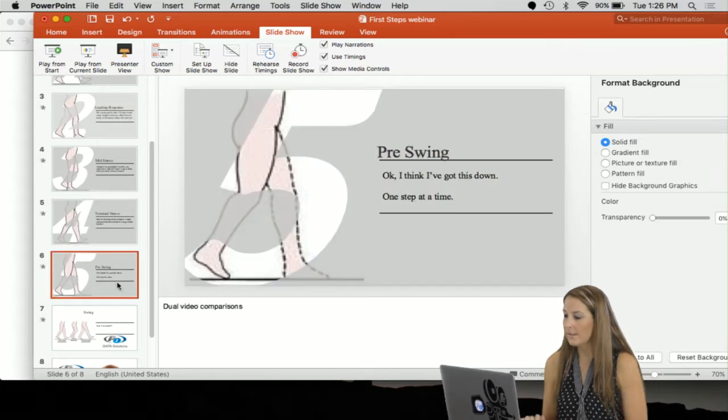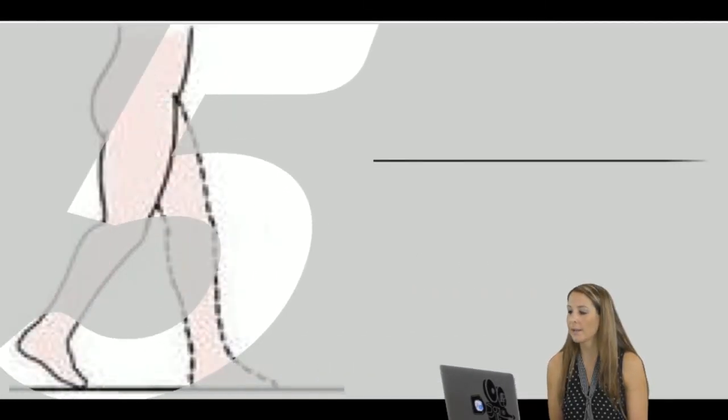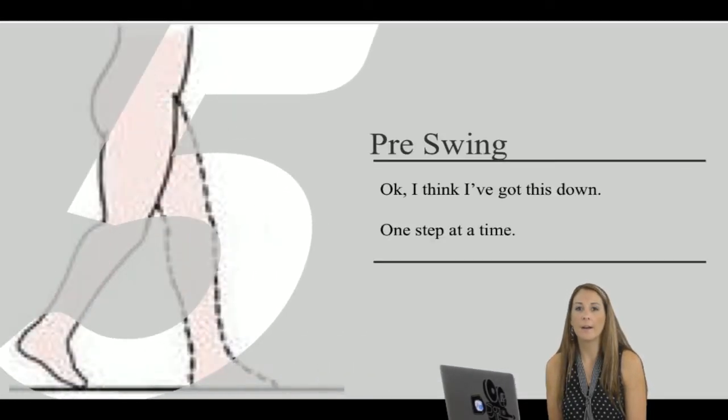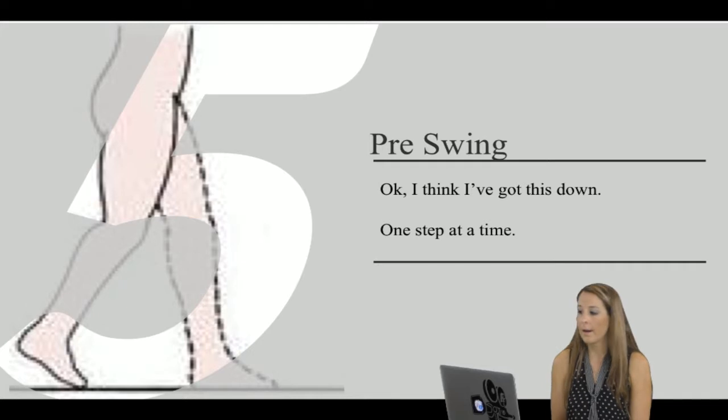Okay, so now we're looking at pre-swing. Pre-swing is really that phase of, I've got this down, I'm going to take one step at a time, and I'm feeling pretty comfortable. And so this is where you might want to introduce some dual video comparisons.